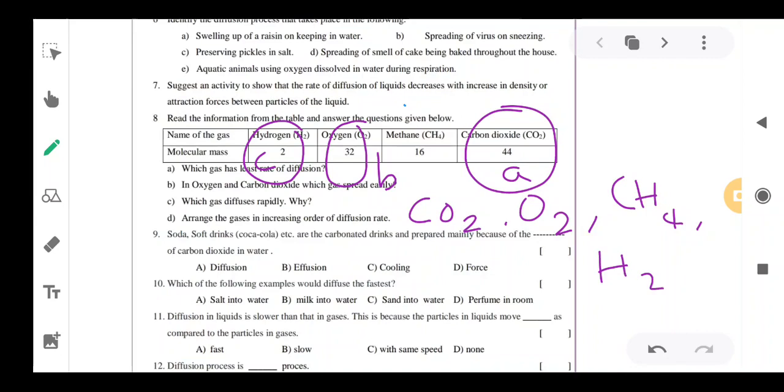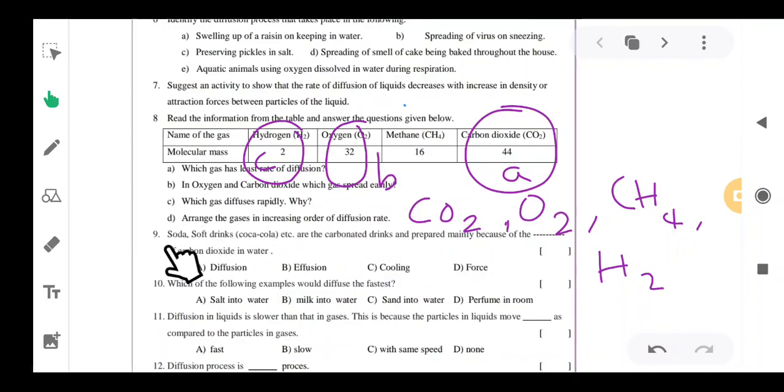If you don't know these formulas, you have to write the names: carbon dioxide, oxygen, methane, hydrogen. This is the order. So this is the answer for D.